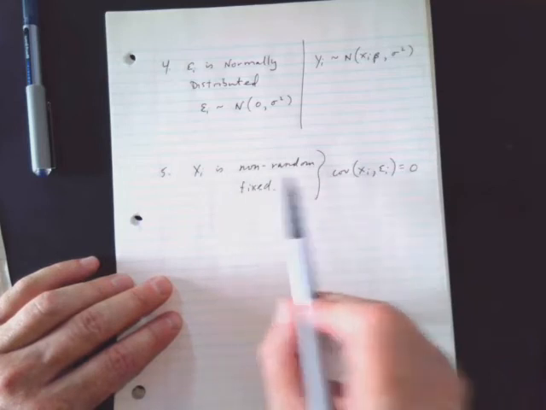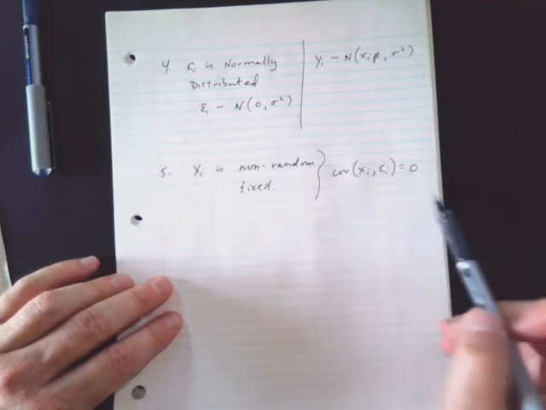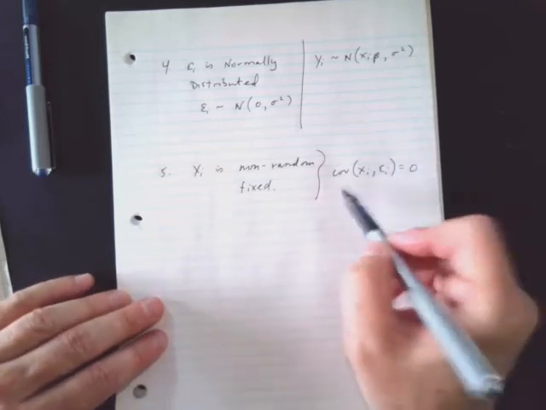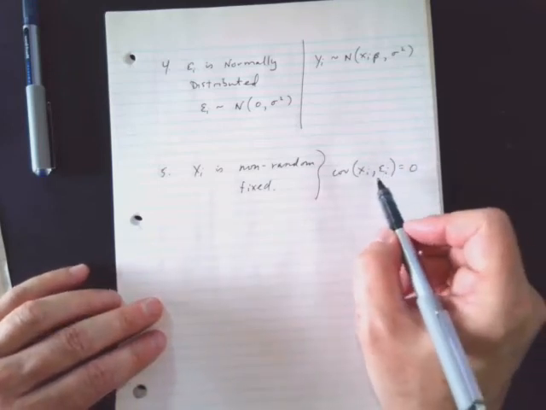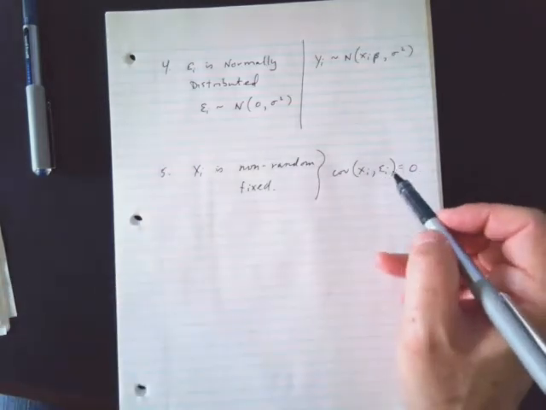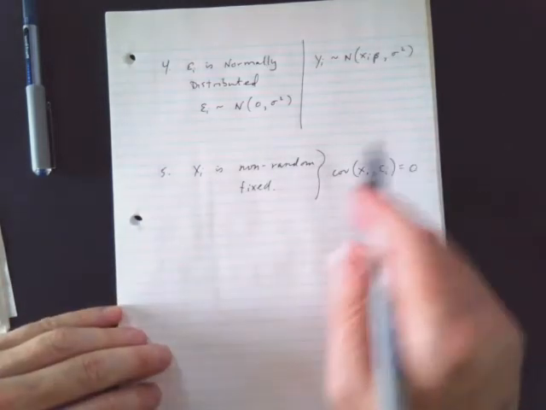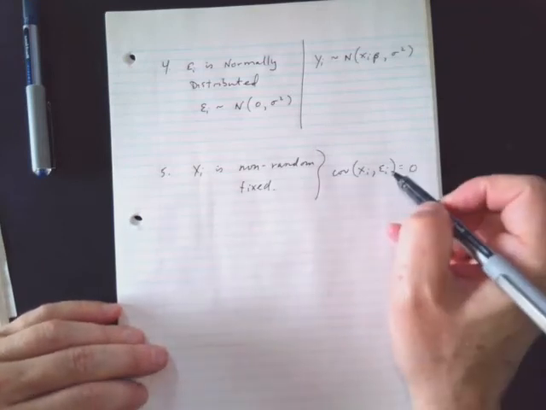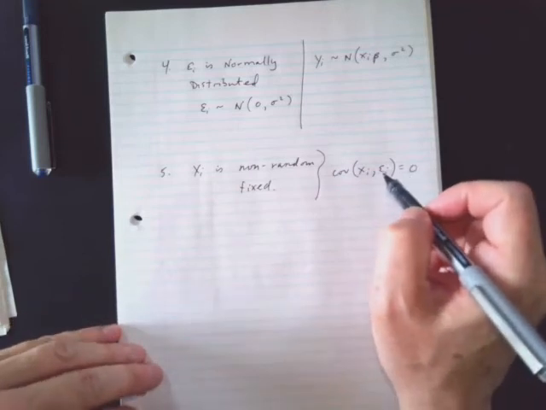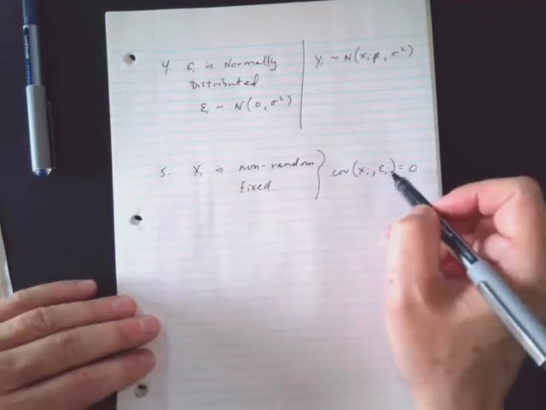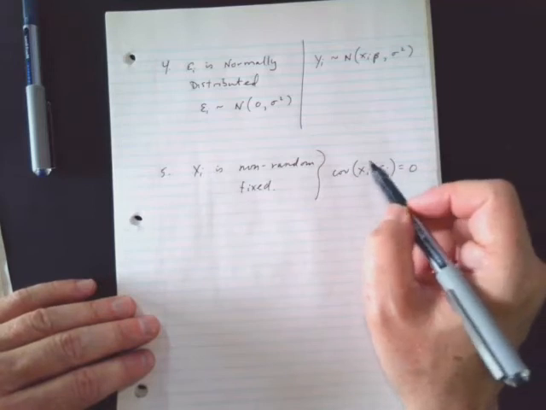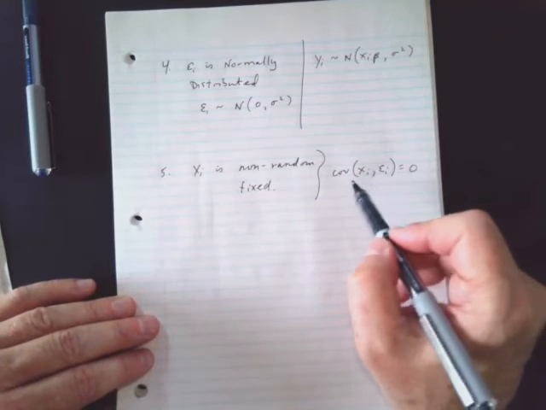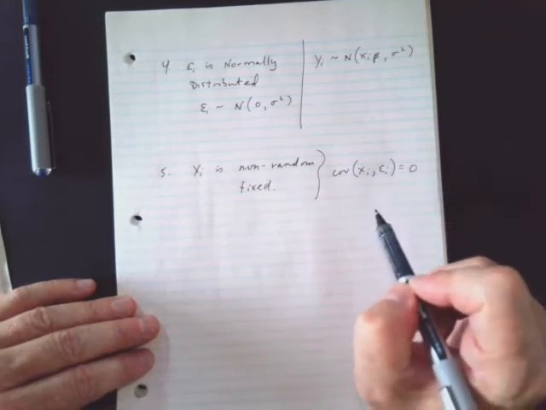So if X is non-random, then this will be true, and this is the important thing about the assumption, though, which is that the error terms and the X terms have 0 covariance. That is not the same as the homoscedasticity assumption, which concerns the variance of the error term being uncorrelated with the X's. In this case, it's the size of the error terms is also uncorrelated with the X's.